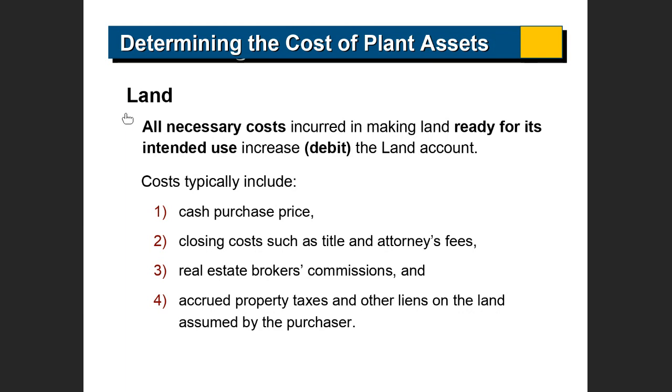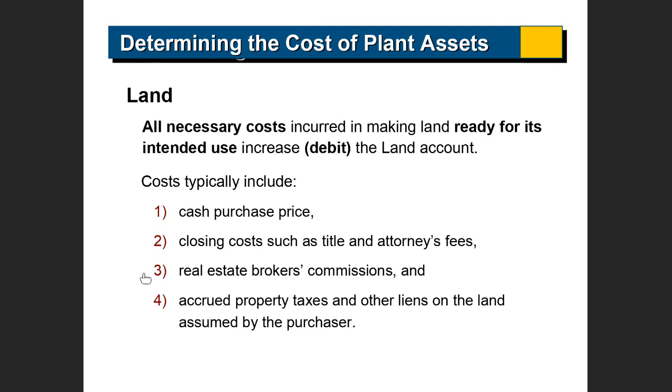Okay. For land, all necessary costs incurred in making the land ready for use. So if you buy land and you want to use that land for a particular purpose, anything you have to pay for to get that land ready is included as the cost of the land. It could be the cash price, the closing costs such as title, attorney's fees, any legal cost associated with buying the land, and real estate broker's commissions.